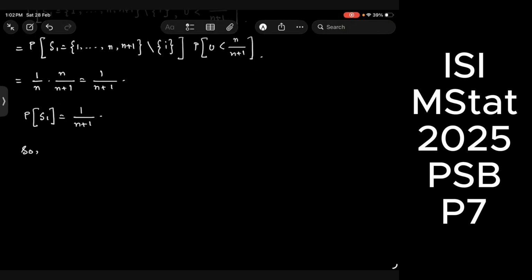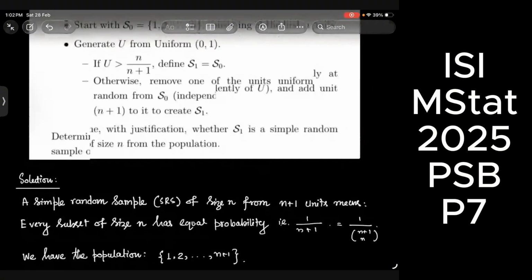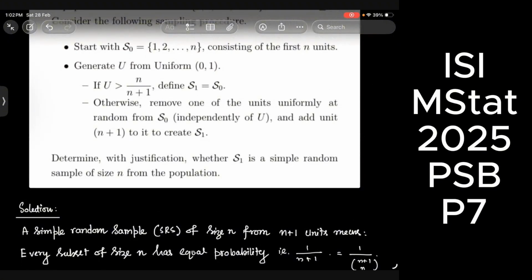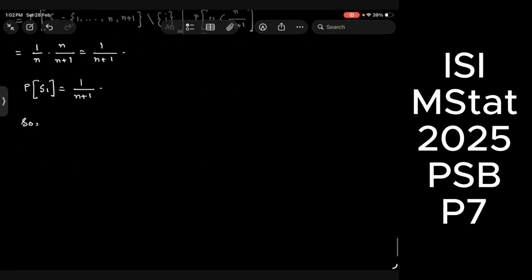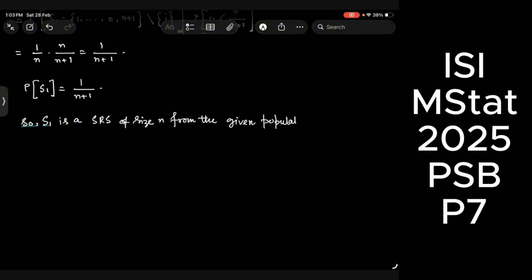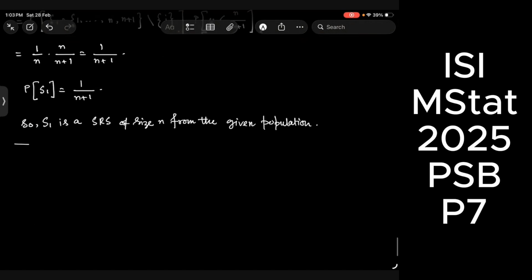So S1 is an SRS of size n from the given population. Do you get it?